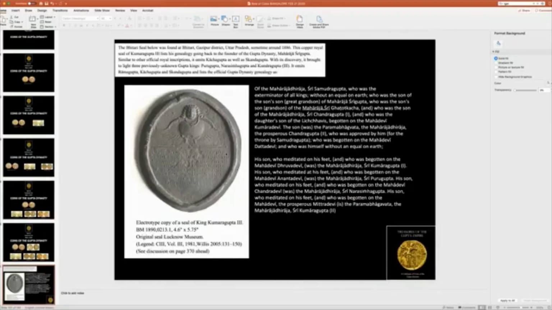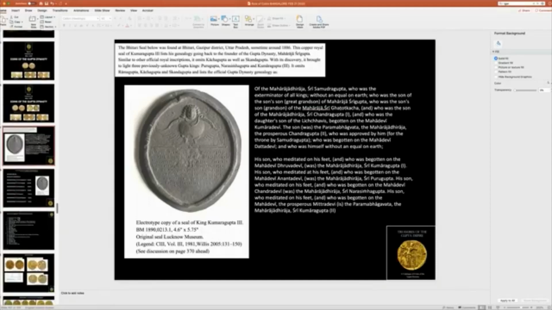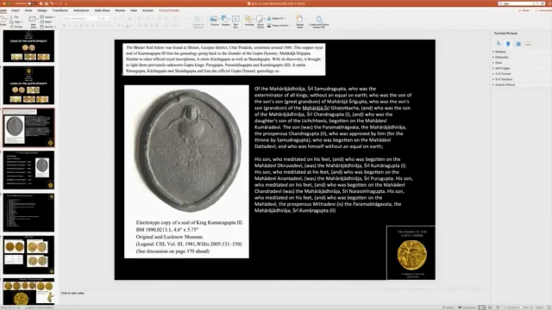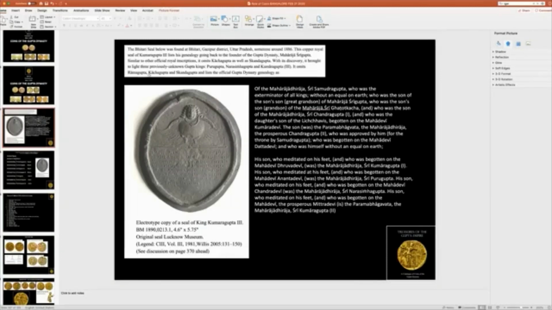So starting this talk for today, we're going to quickly do a little overview of where we get the information on the existence of these kings. As historians, the information basically comes to us from the inscriptions.